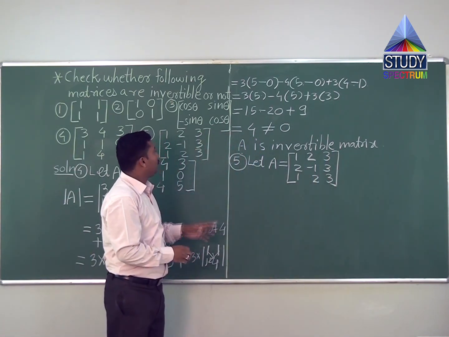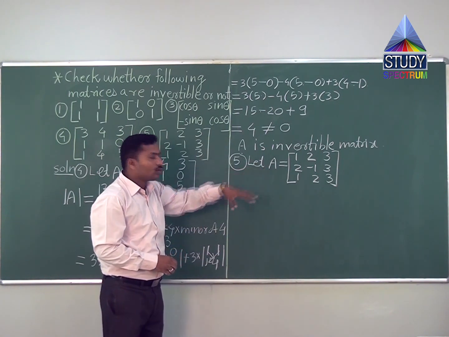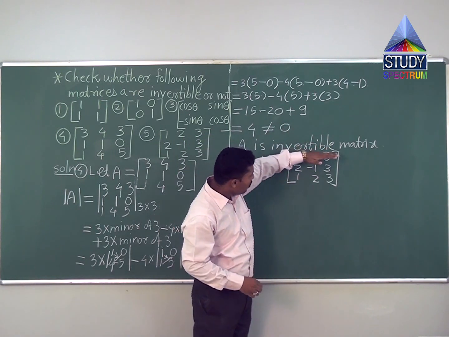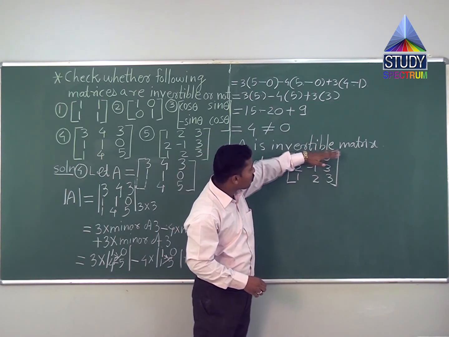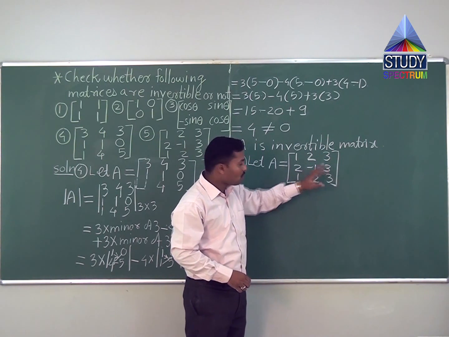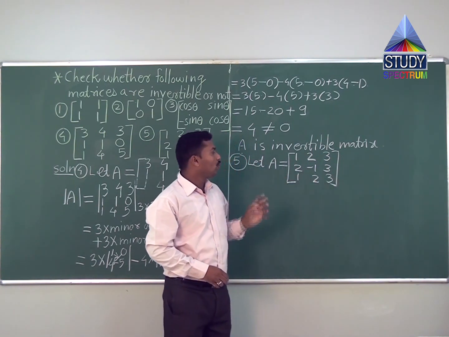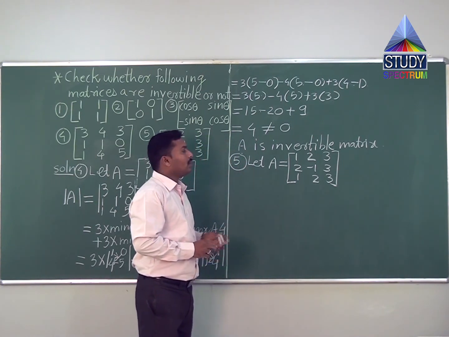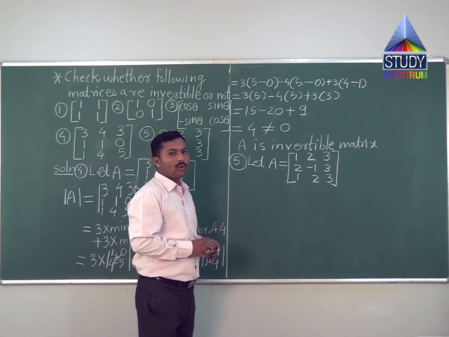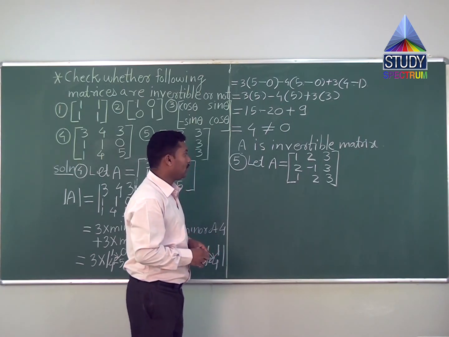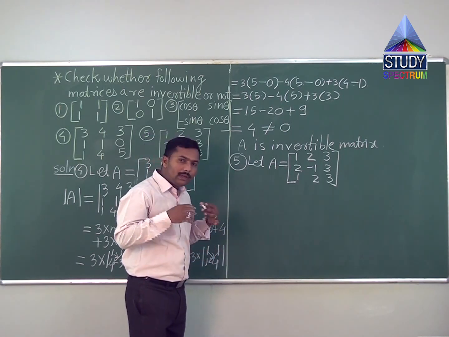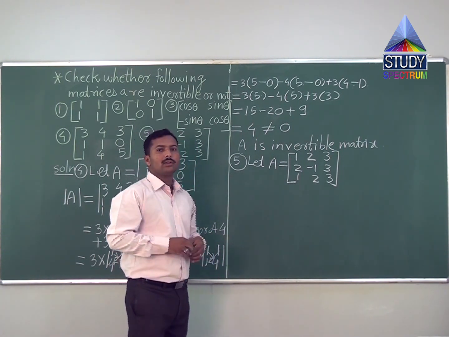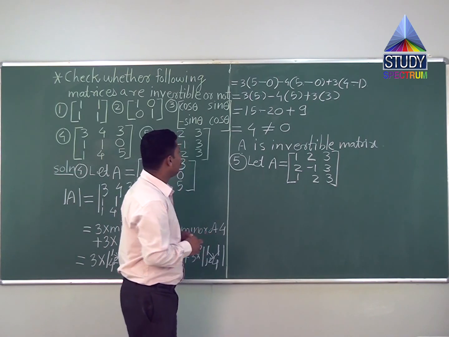Look carefully at all the rows of this matrix. This is the first row 1 2 3 and this is the last row, again 1 2 3, so two rows are the same, so the determinant of this matrix will be 0 according to the rules of determinants. But okay, for our discussion we check.